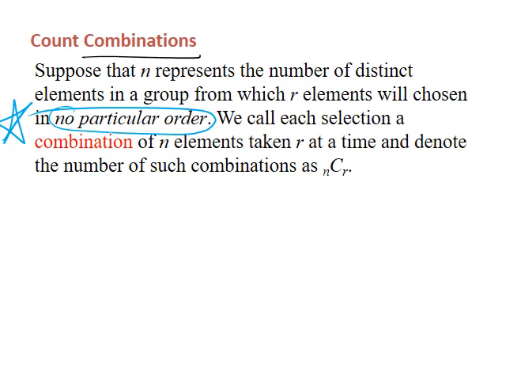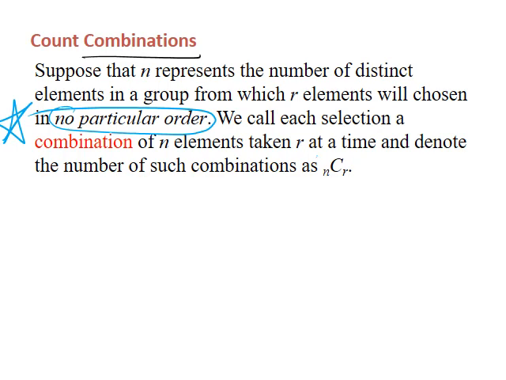For example, let's say we have 15 students and we want to choose 3 of them to be on a committee. There aren't any roles within the committee, so it doesn't matter who I pick first, who I pick second, and who I pick third.